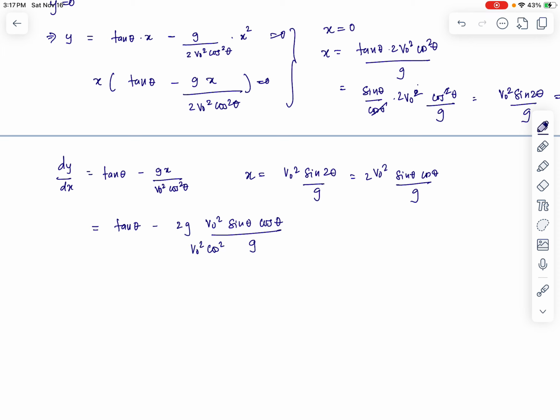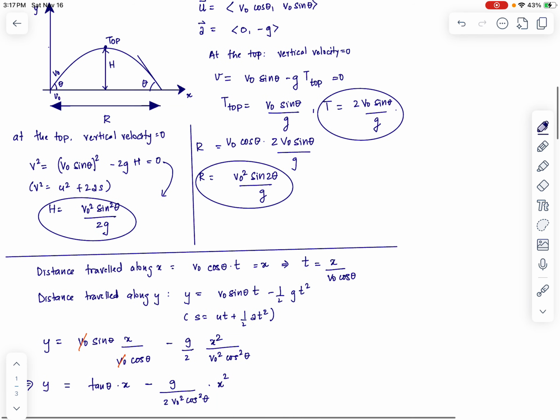So the v0 square cancels out, the g cancels out, and one of the cosine square thetas cancels out. Now we get tan theta minus 2 tan theta equals negative tan theta. Which means that the slope here is the same as theta but opposite in sign.